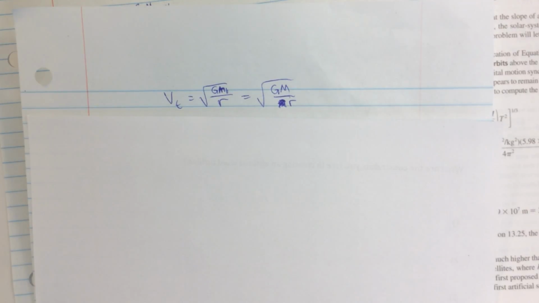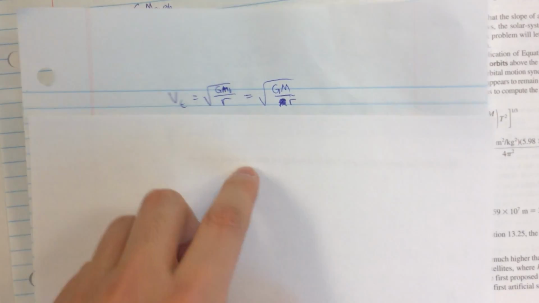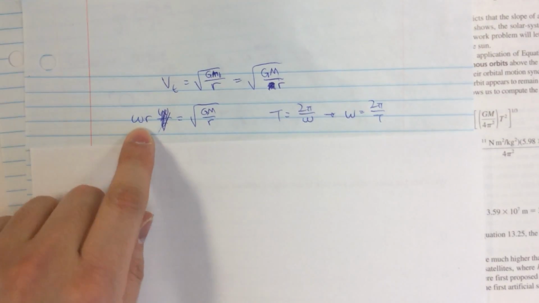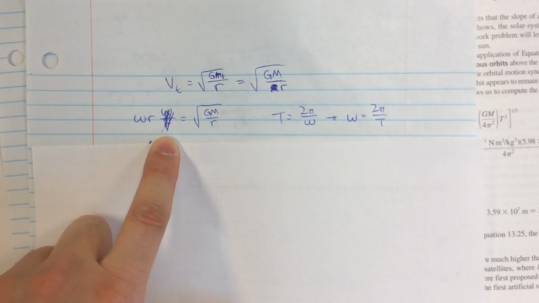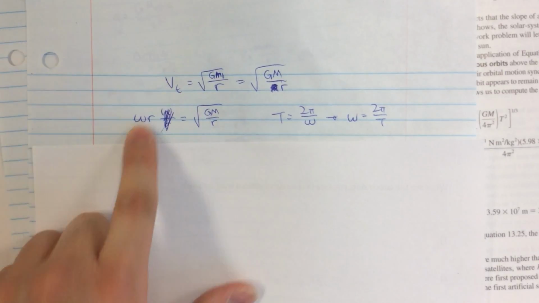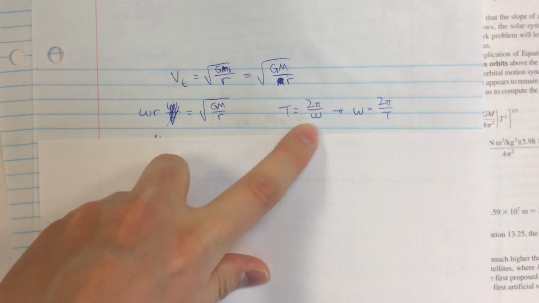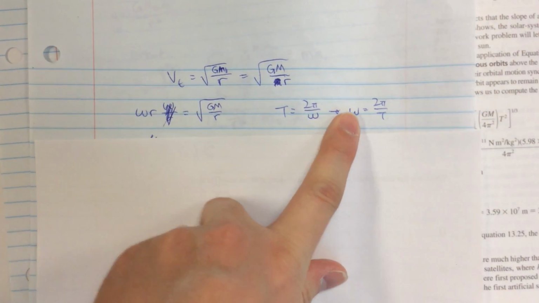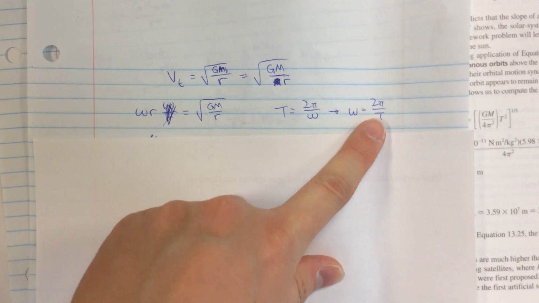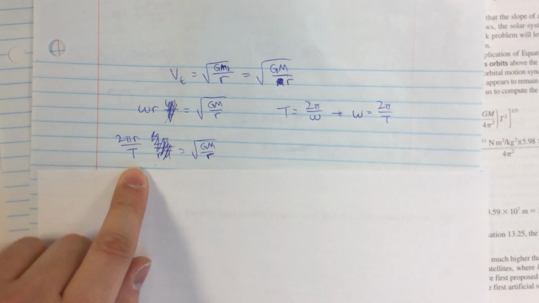We're looking at a planet and a satellite or a spaceship or something like that. Okay, so let's make our substitution. If your tangential velocity is equal to omega r, and your angular velocity is related to your period, we can make that substitution.